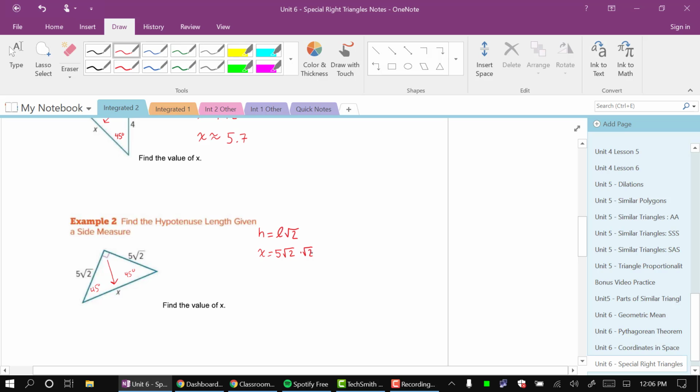Root 2 times root 2 is going to give me 2, because 2 times 2 is 4, and the square root of 4 is 2. So x equals 5 times 2, so x equals 10.